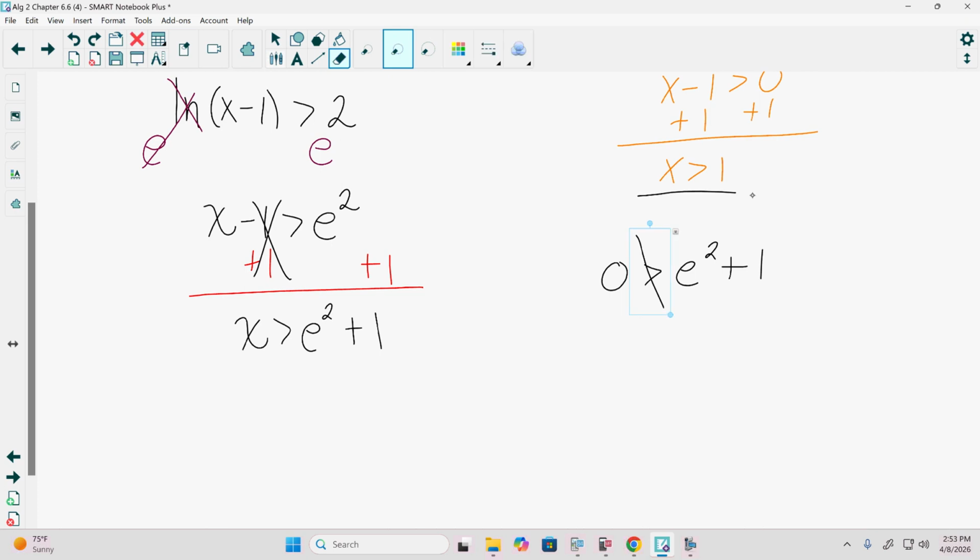So do I need to add this? No, I don't have to remove them. They're already gone. So this here is just saying x is greater than e squared plus 1. Because the restrictions are not included in our solution, we don't have to remove them. The last two that we did, the restrictions were included, so we had to remove them. We had to get rid of them. Questions on any of this here?